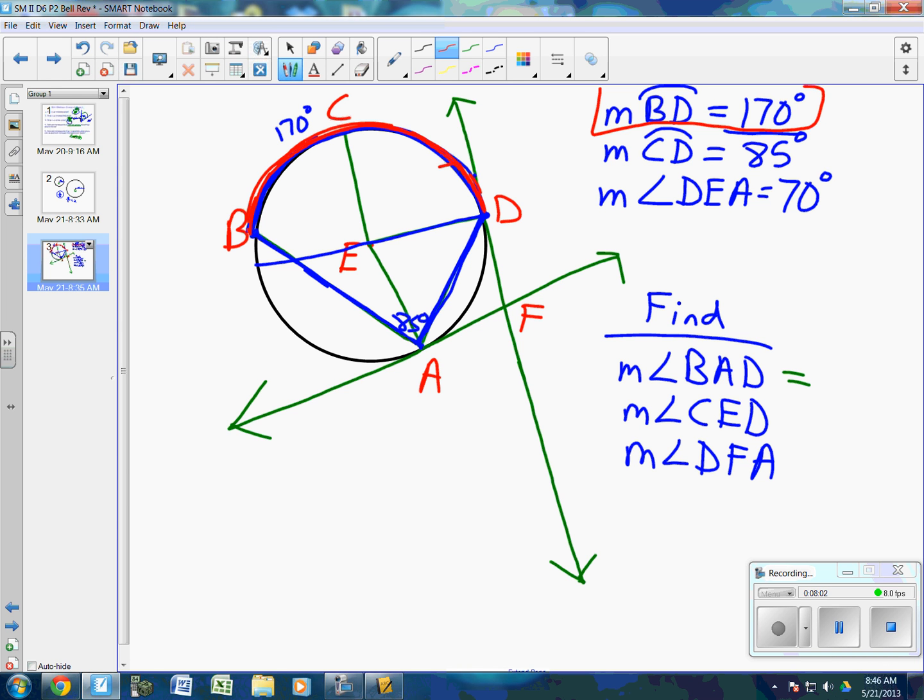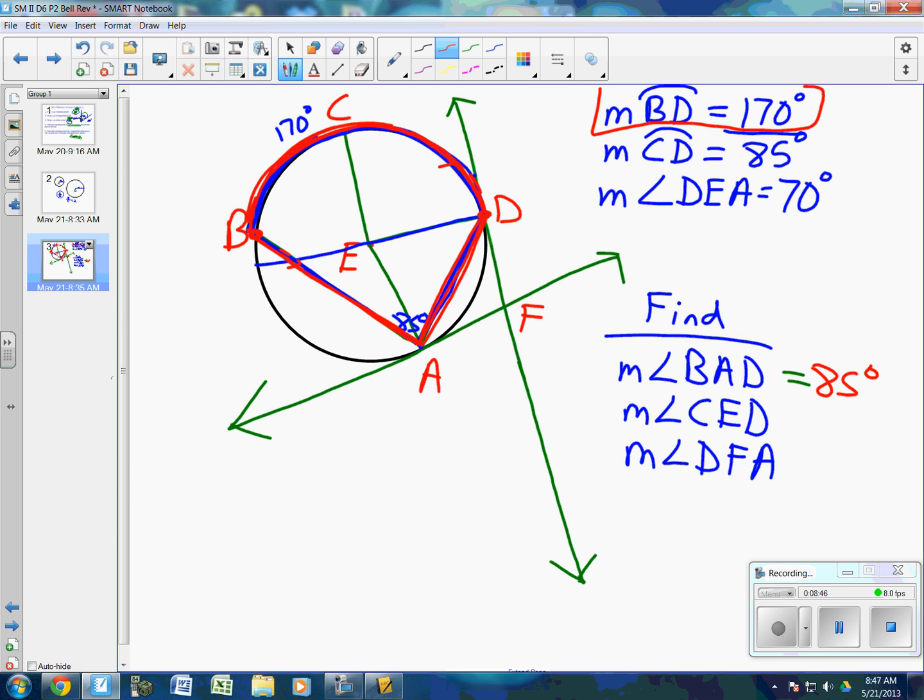It is intercepted by angle BAD, this angle right here, because this angle intersects the circle at B and at D. So arc BD is its intercepted arc. Since angle BAD is an inscribed angle, its measure is half the measure of its arc out here. So half of 170 is 85. Got it? This seems to be the one you guys are having trouble with, seeing inscribed angles.